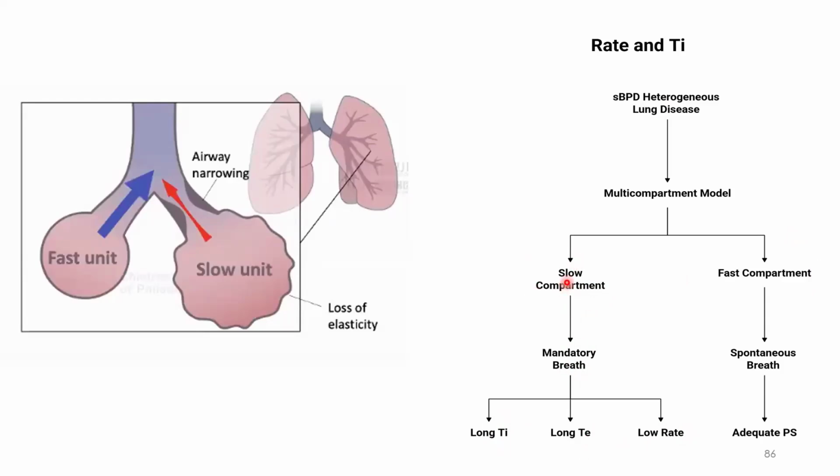The fast compartment will be ventilated by spontaneous breathing. We all know that spontaneous breathing TI is low, and the fast compartment TI is also low. If we provide adequate PS, the spontaneous breath will ventilate the fast compartment. So with SIMV with PS, we can ventilate both the slow and the fast compartments, and ultimately minute ventilation will improve.